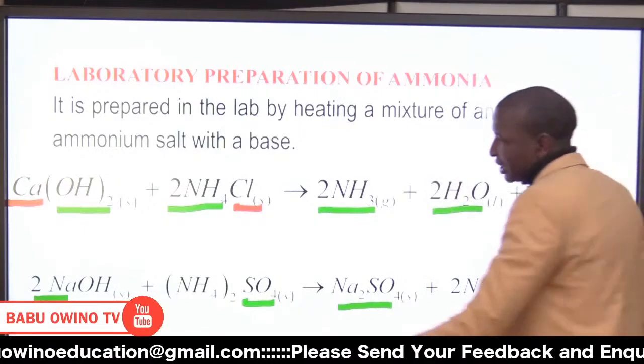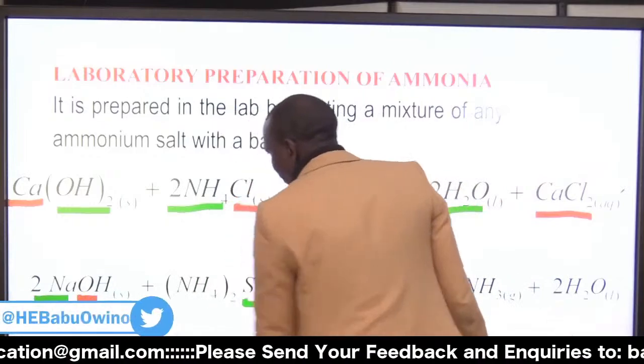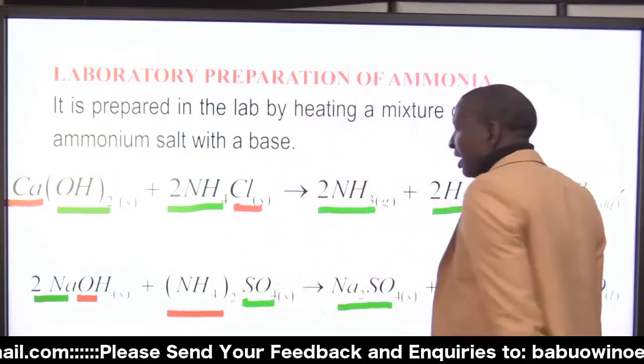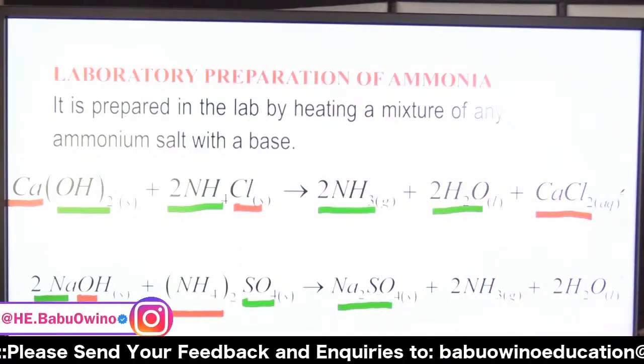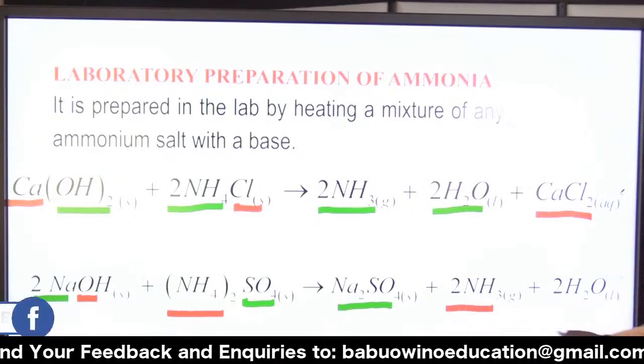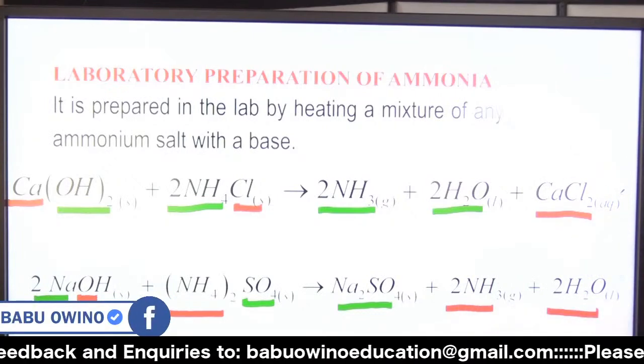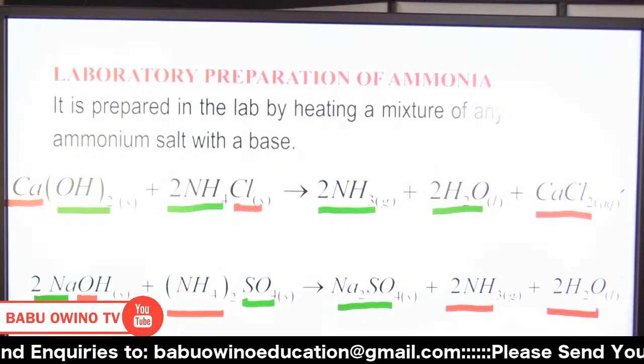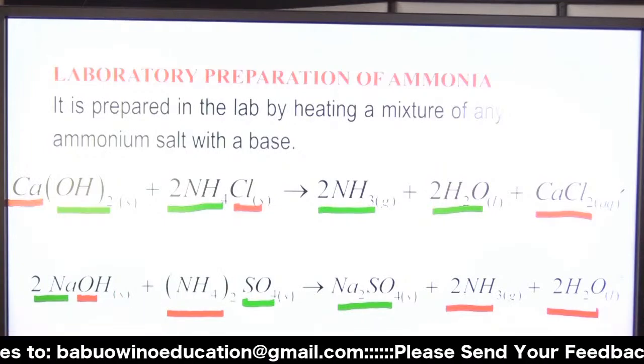The remaining component, that is the hydroxide ions, will combine with the ammonium ions to form ammonia gas and water. That is how easy it is to get that point.